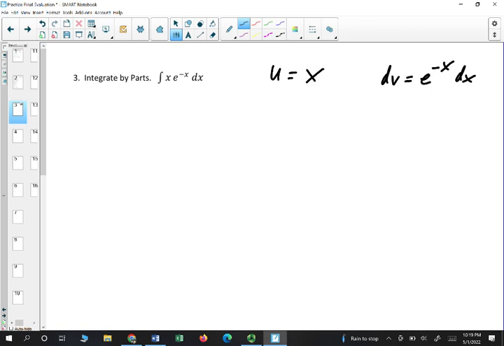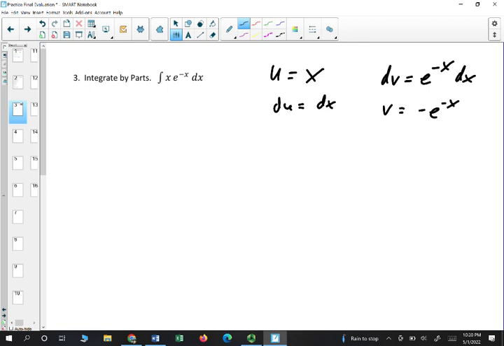Remember, the u function you want to choose as something you could easily take the derivative of, and the dv function you want to choose something that you could easily integrate. And if you need to, do it repeatedly. Okay, same thing with the derivative. So here we have du would equal dx. From dv we're going to get v, so integrate it. So negative e to the negative x.